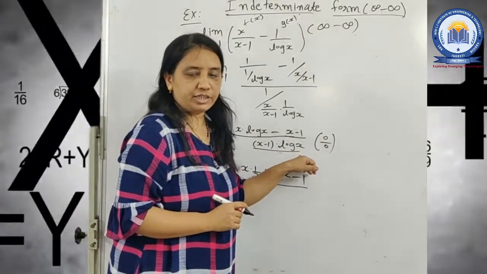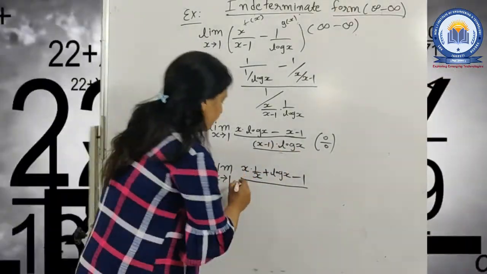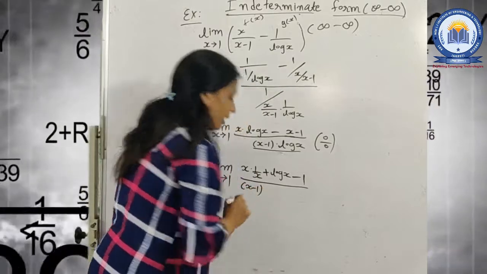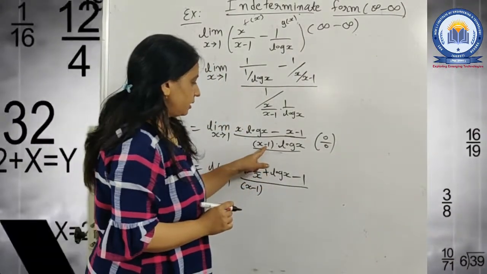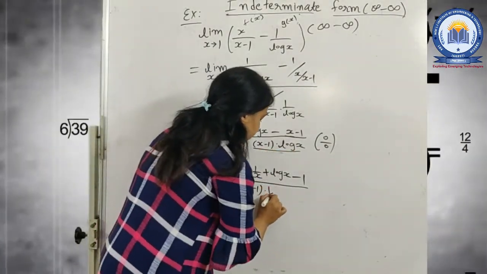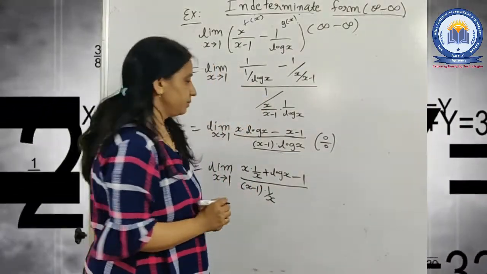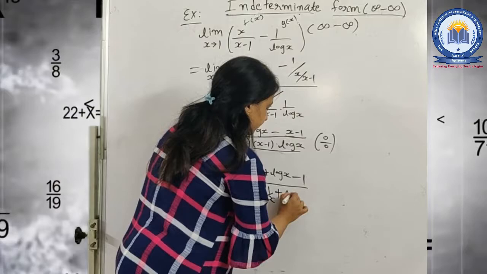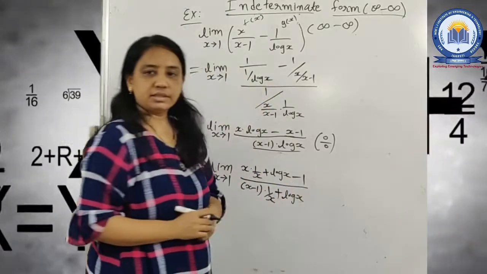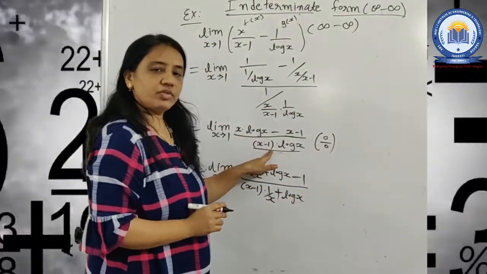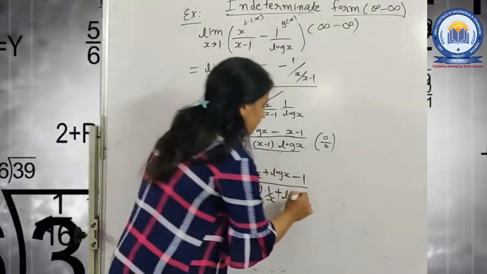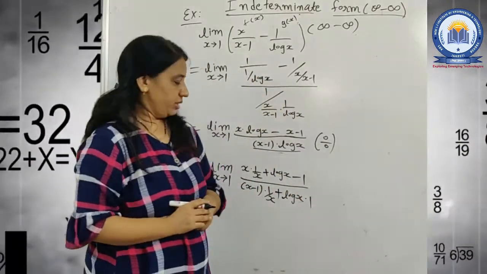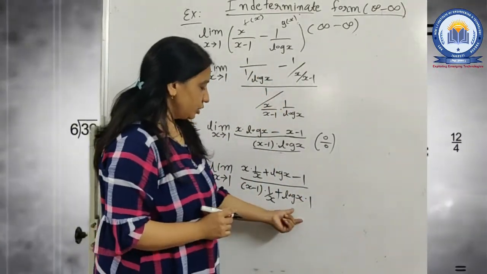Again multiplication, so we'll apply that rule: (x minus 1) as it is into log x differentiated, that is 1 upon x, plus log x as it is into the differentiation of (x minus 1), that is 1. So we are having this form.